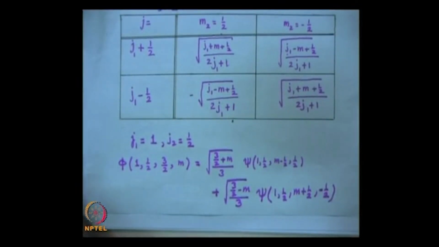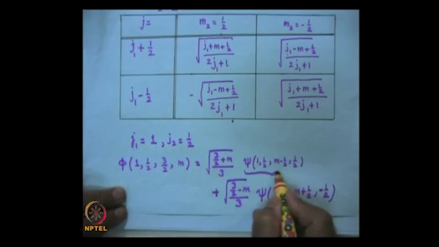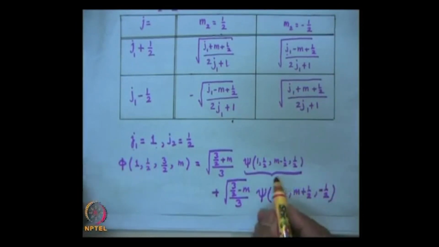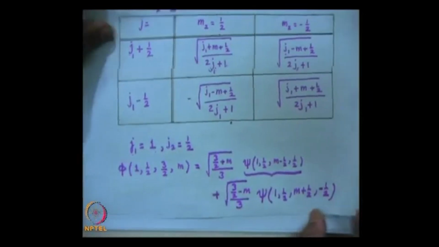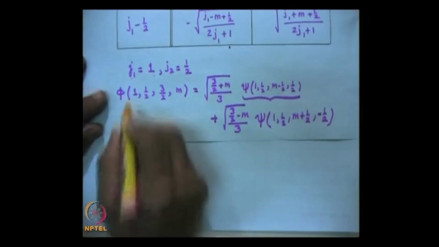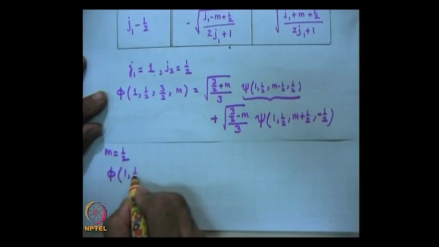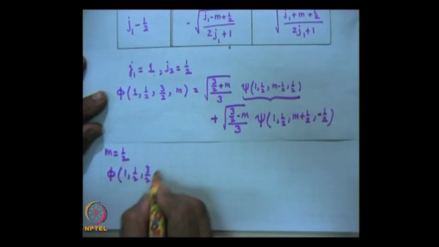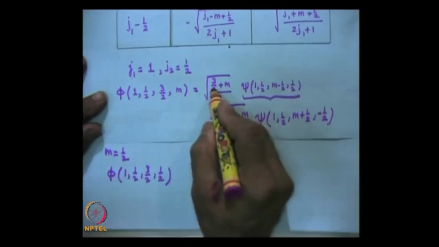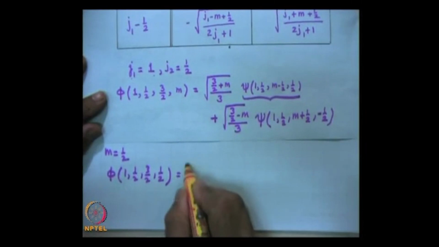So, j1 is equal to 1, these are the wave functions. For example, let me consider the case when j is equal to 3 by 2 and m is equal to half. If m is equal to half, then you will have the Pauli wave function phi 1 comma half comma 3 by 2 half. So, you will have 3 by 2 plus half is 2, so this is 2 by 3.